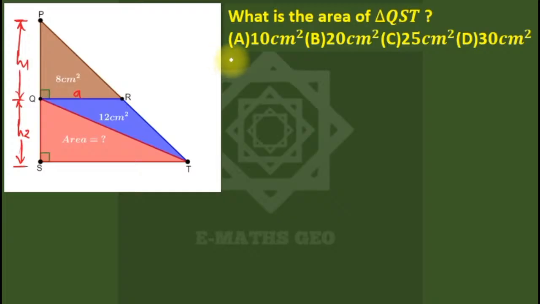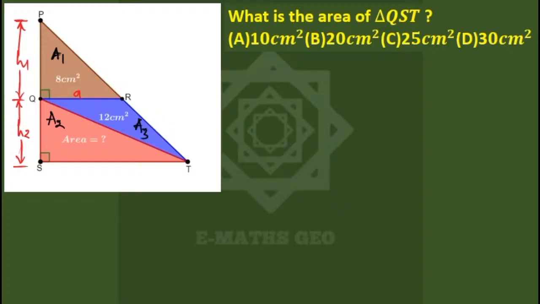Well, we know the area of the big triangle, so let's call the areas A1, A2, A3. Let the area of this be A1, this A2, and this A3.